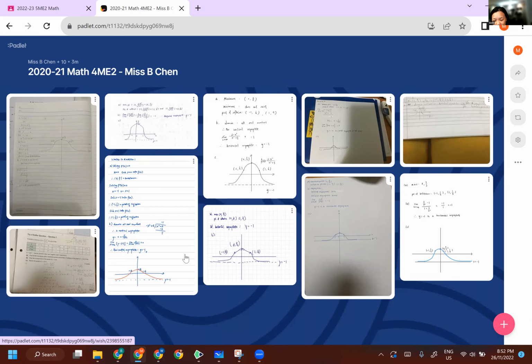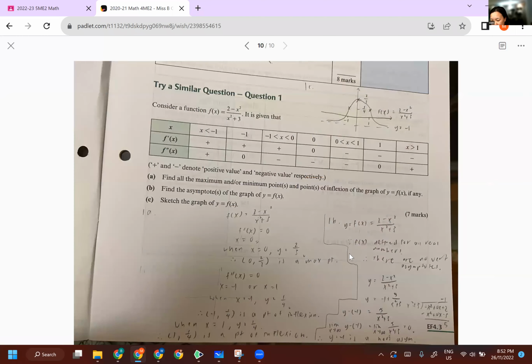Now with the other ones, some of you did the, what do you say, long division. I should show maybe Emily's. Now you can see hers. In here, she did the long division part. After long division, you still find a horizontal asymptote.